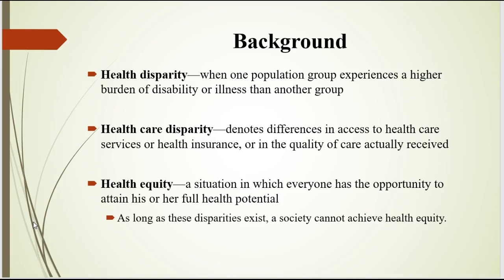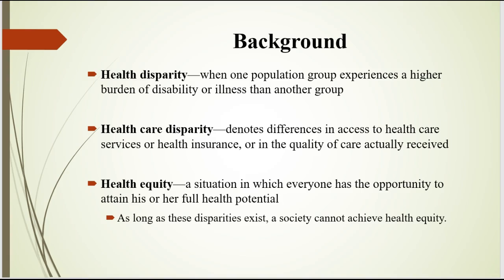When we're looking at health disparity, it's when one population group experiences a higher burden of disability or illness relative to another group. Then we have healthcare disparity, which really denotes differences in access to healthcare services or health insurance, or in the quality of care actually received.